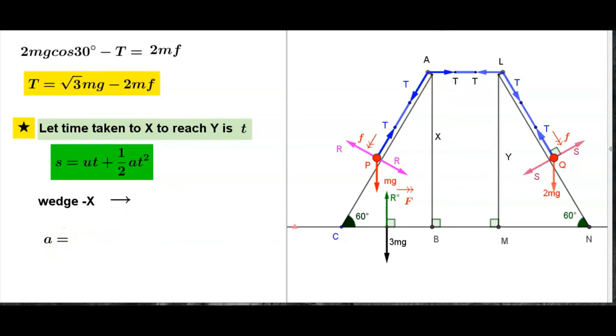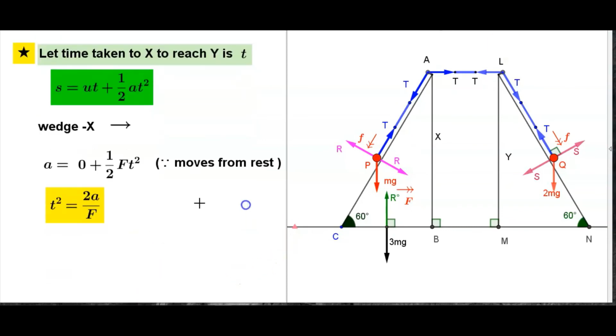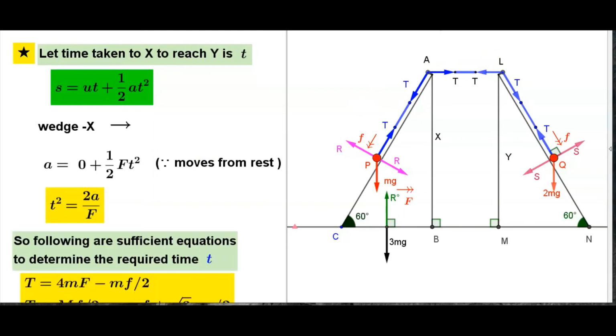The wedge also starts from zero velocity. Therefore a equals 0 plus half F t squared, so t squared equals 2a over F.